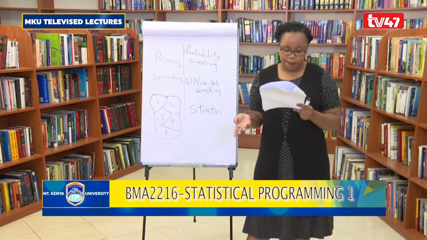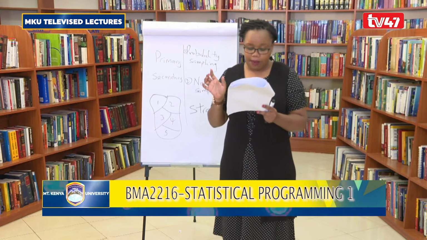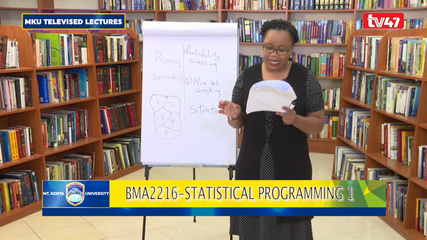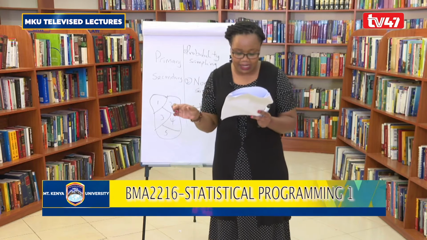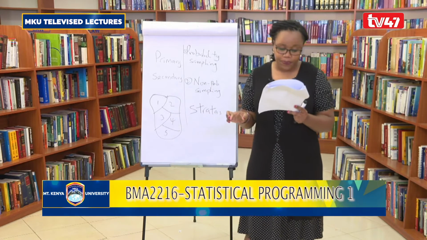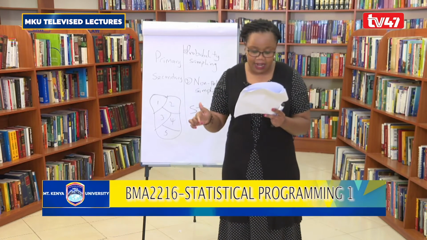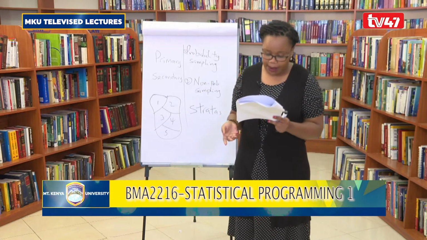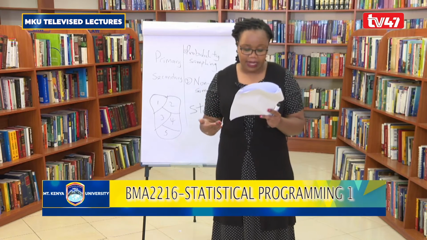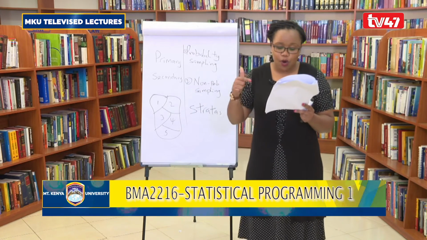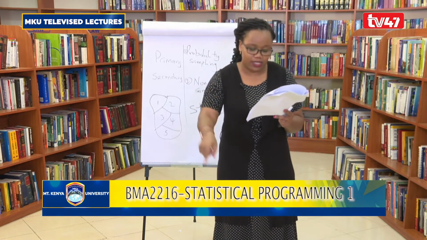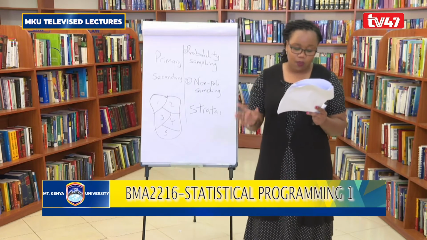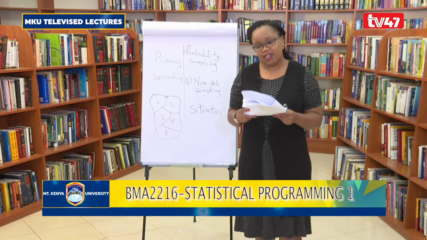We have quota sampling, where a sample is drawn such that certain important characteristics of a population are represented proportionately in the sample. Then snowball sampling relies upon respondent referrals of others with similar characteristics.